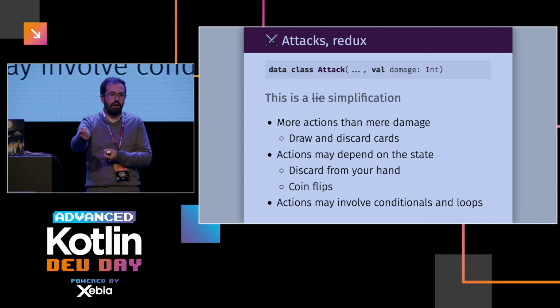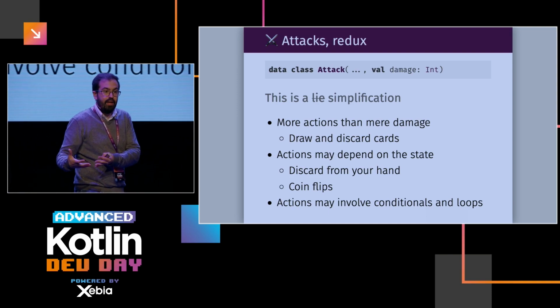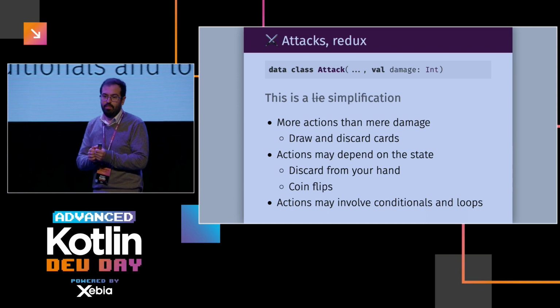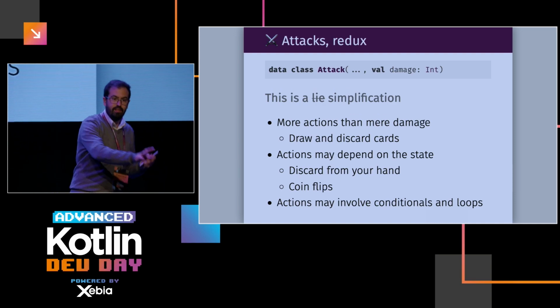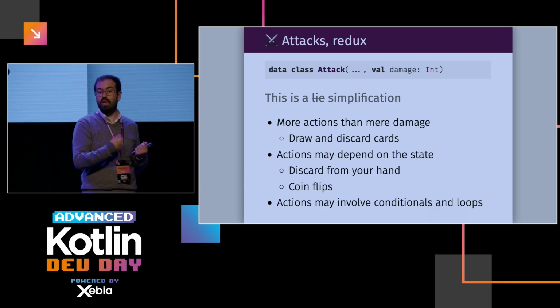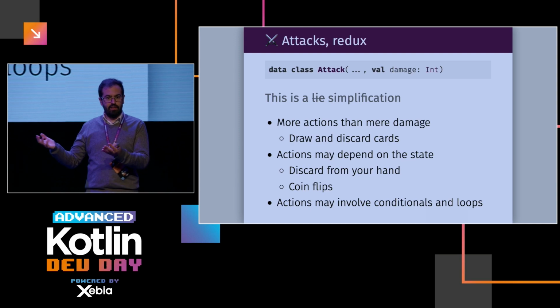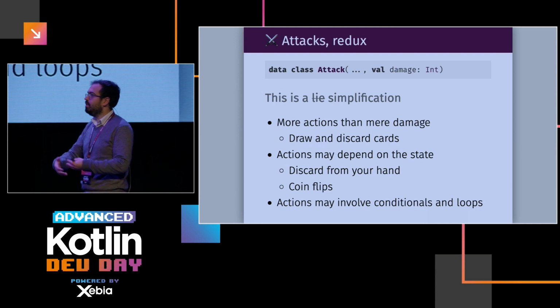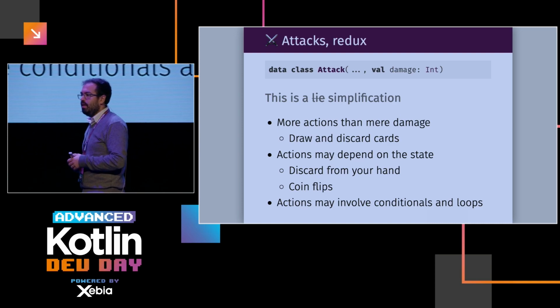You can draw cards, you can discard cards, and this action may depend on some state. For example, draw a card. You can imagine you have a deck of cards. So if you are implementing this, depending on the state of the game, if you have cards or not, you maybe can draw or not. Some also depends on random events, like flipping a coin.